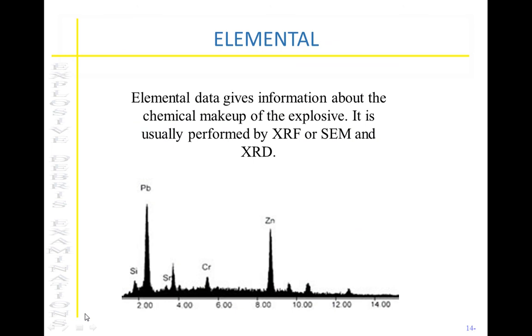They will also conduct testing to determine the elemental composition from the various residues. This might be done on an X-ray fluorescence, or usually it's done with an SEM because of your sample size being so small, or in some instances an X-ray diffraction unit might also be used.